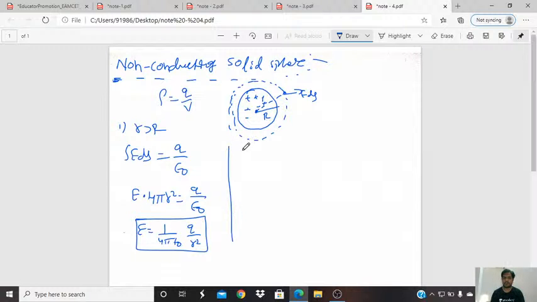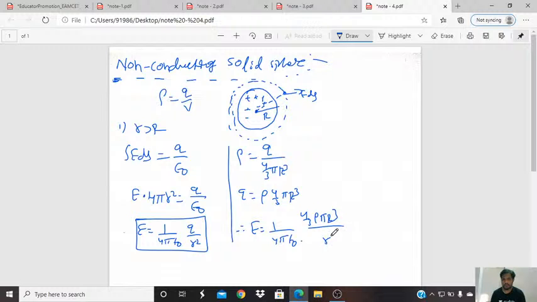Or if you substitute the Q value: rho equals Q by volume, and the charge is up to capital R, so Q equals rho into 4 by 3 pi R cube. Substitute here in E: 1 by 4 pi epsilon naught into 4 by 3 rho pi R cube by r square.